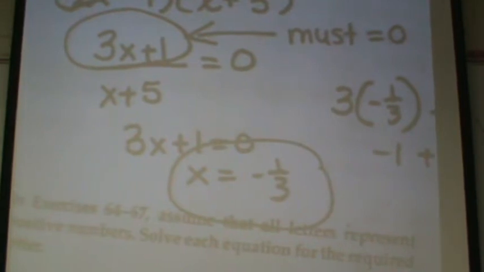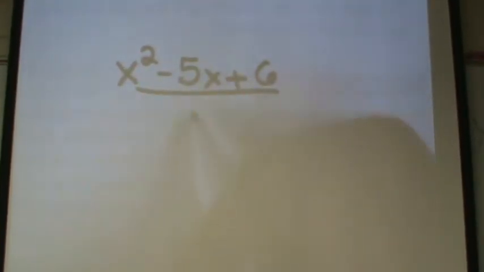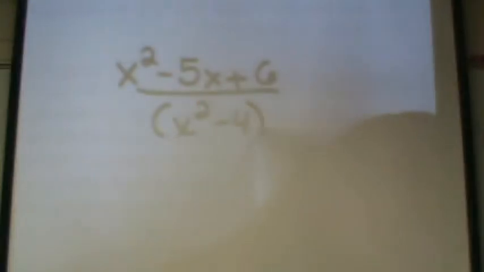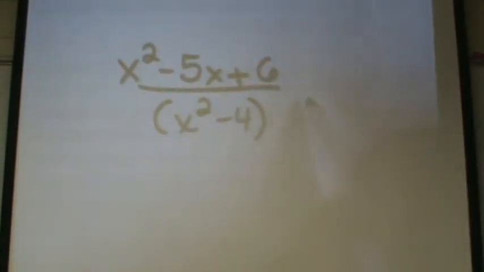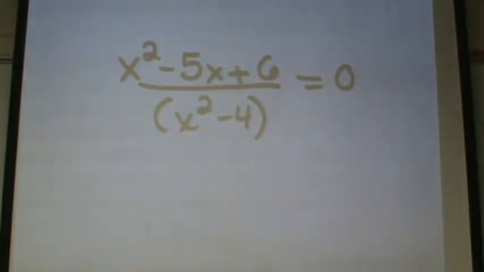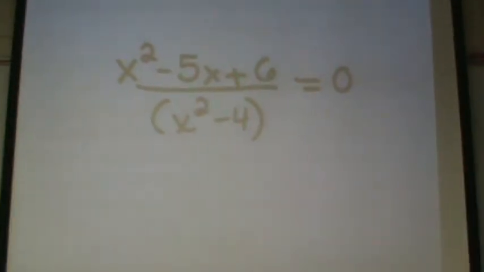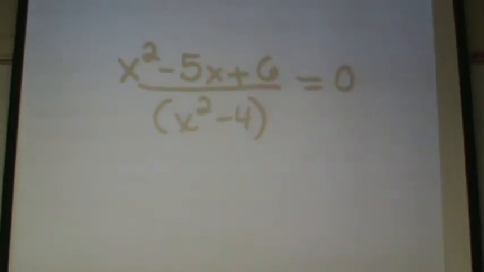Okay? So let's say we had a problem. I'll make it a little easier. What if I gave you x squared minus 5x plus 6 over x squared minus 4, and set this equal to 0. How do you factor? This is on a lighter note. How do you do this one?